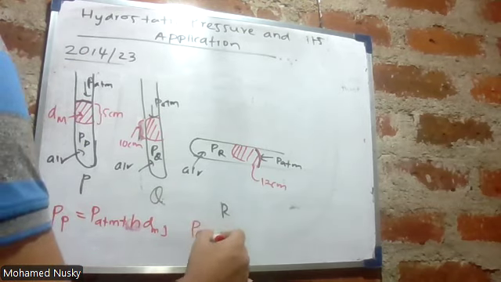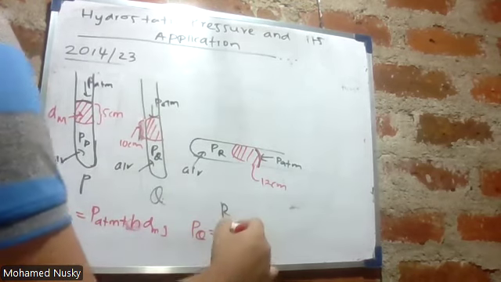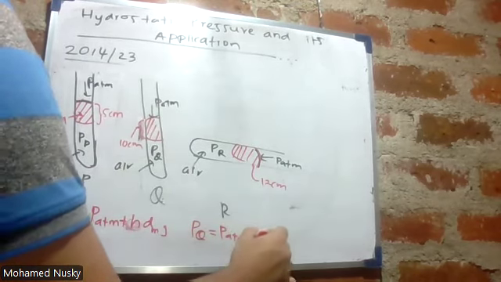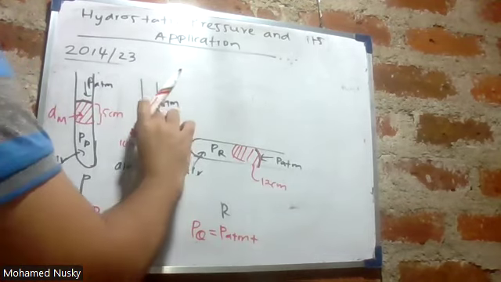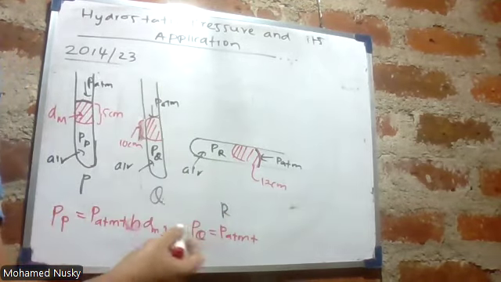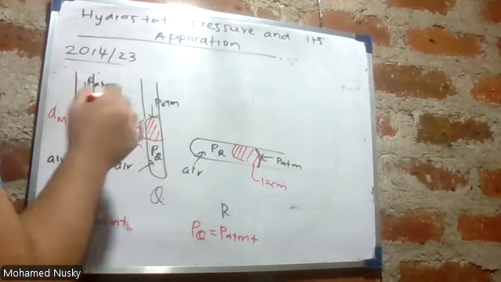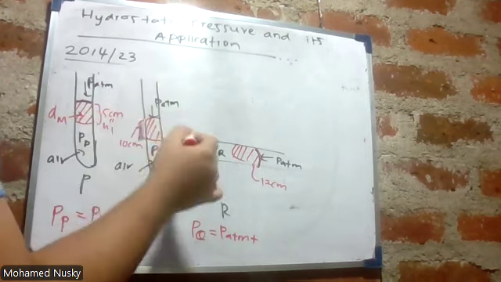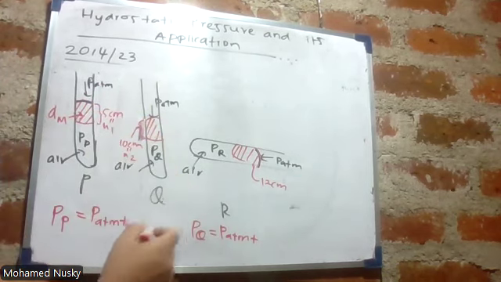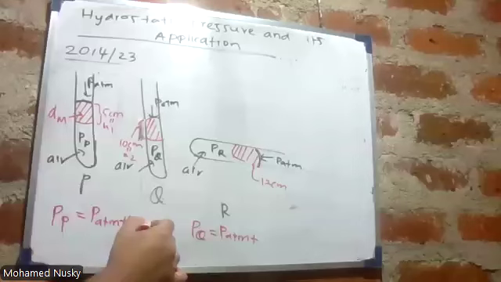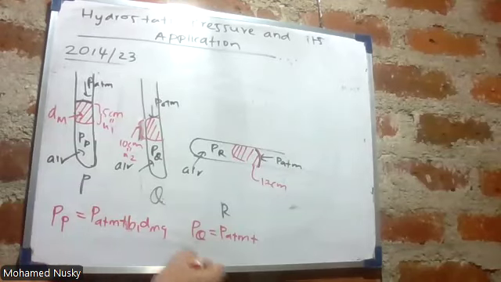Now, let me take this Q. What is the pressure at Q? That is equal to PATM plus the height. Given height, so let me put 5. Now, let me take this as H1 and this as H2. Therefore, PATM plus H1 dmg.